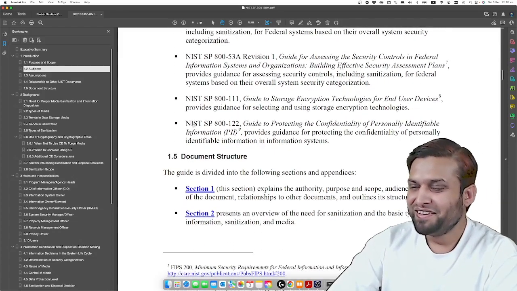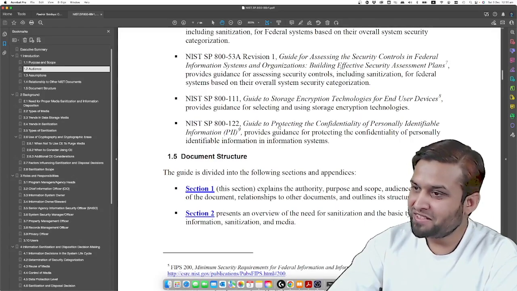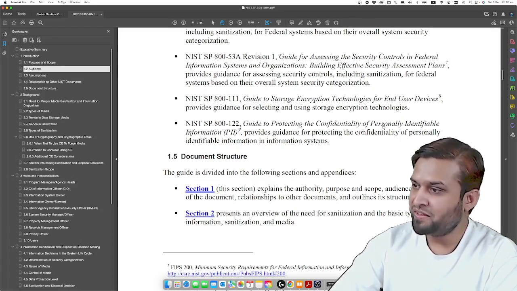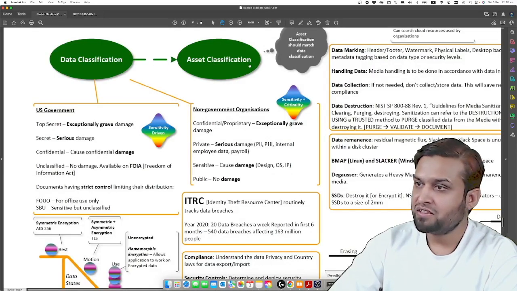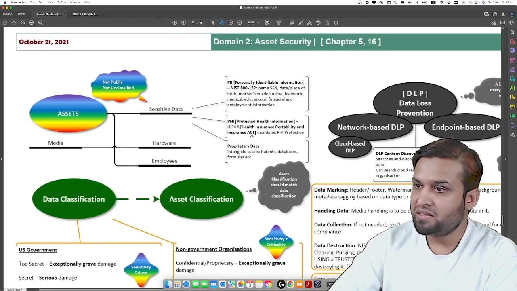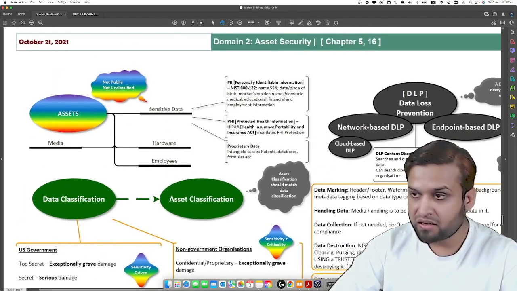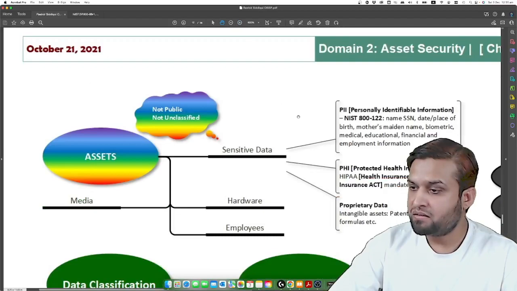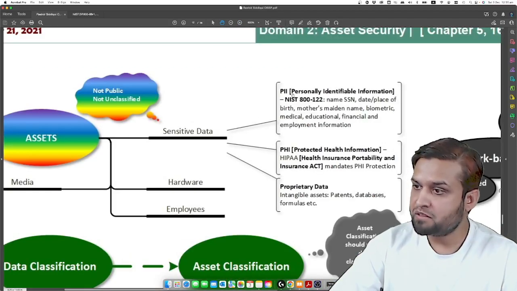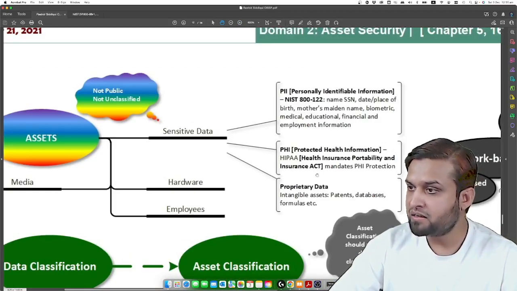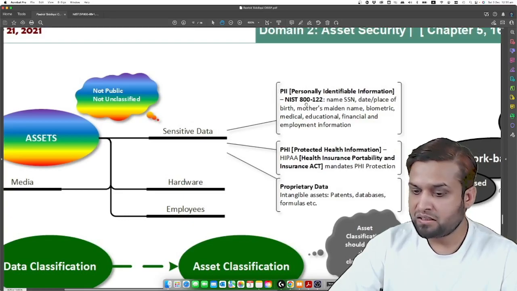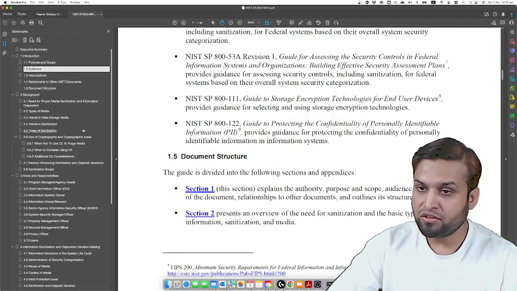NIST 800-122 is a guide to protecting the confidentiality of PII. I already referenced this 800-122 when I was showing this diagram here, that sensitive data basically covers PII, PHI, and proprietary data, and PII is covered here. So you can see this number 800-122. Now these are the helpful documents you should know.